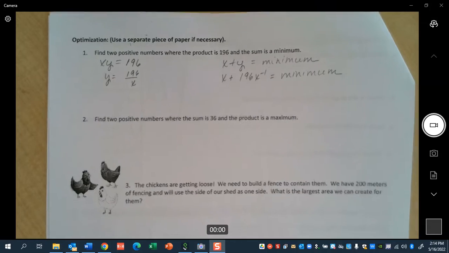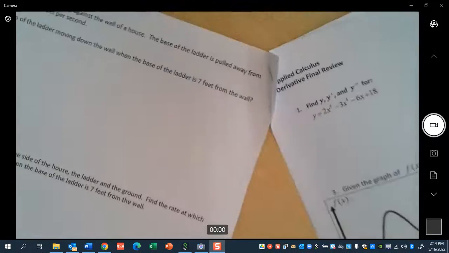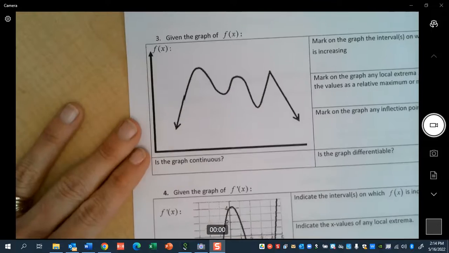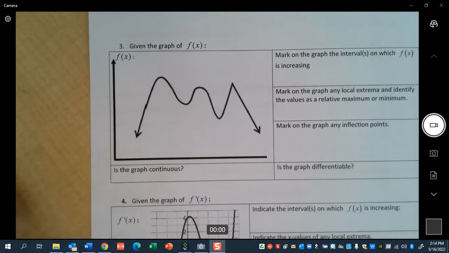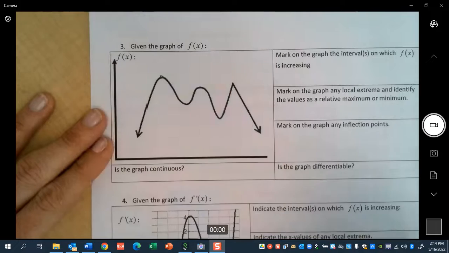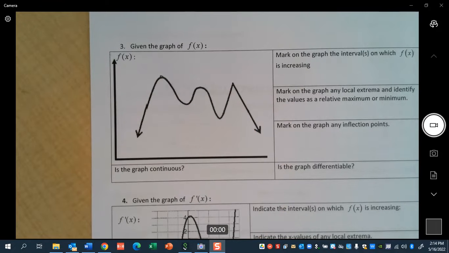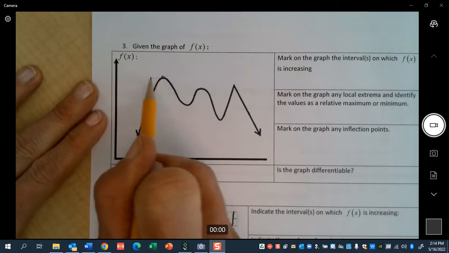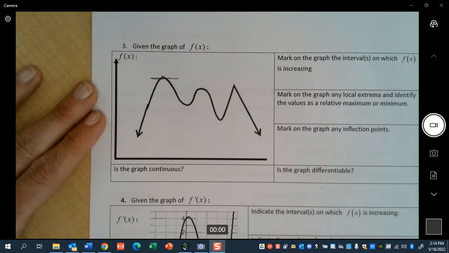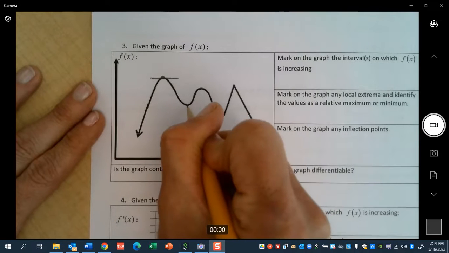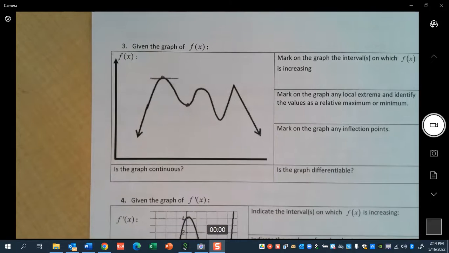So we can go back to one of these other graphs, and if I asked every single buddy here, tell me where your maximums are, you would say this is a maximum. You know that this is where my derivative is going to be equal to 0. You would say this is a local minimum. By definition, a minimum or a maximum is where whatever point on either side of it is higher than it, if it's a minimum, or lower than it, if it's a maximum.